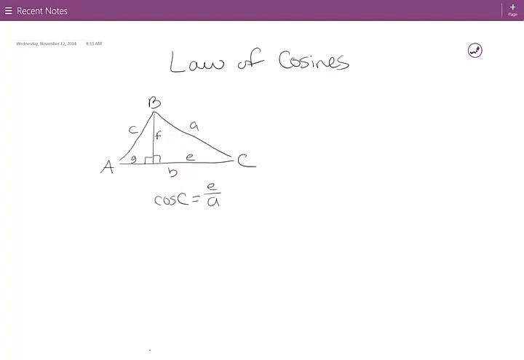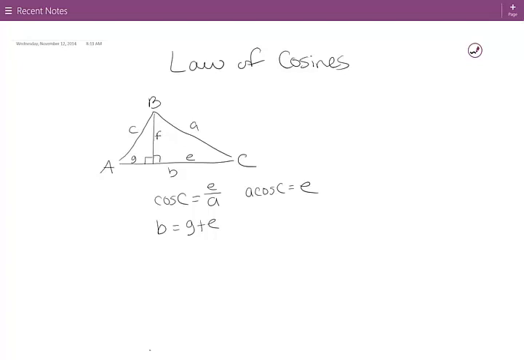Looking at how we label this, we can also say that B is equal to G plus E. And A cosine of C is going to be equal to E.